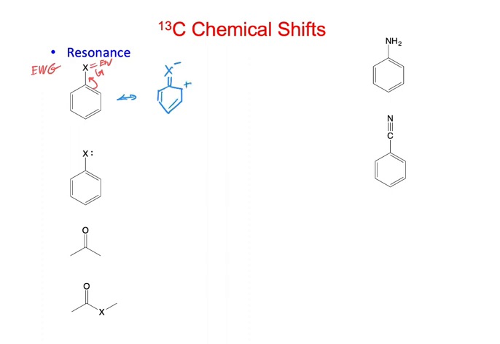This would put a plus here, right? And we can always just keep moving these around the ring. Minus down here. Of course, we can do it one more time.